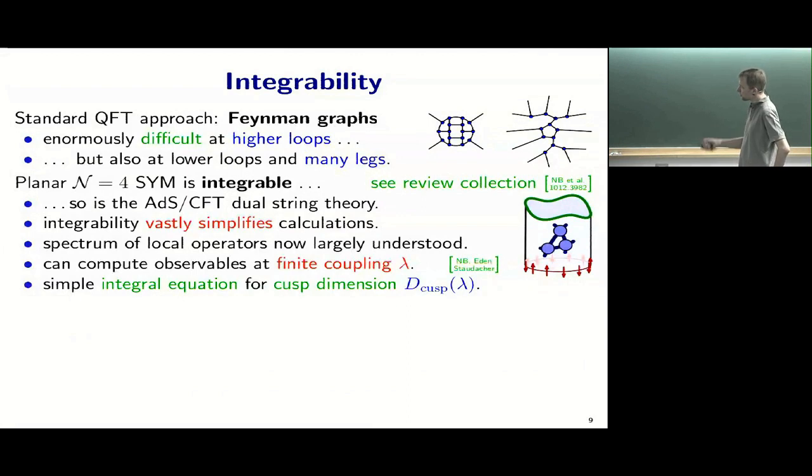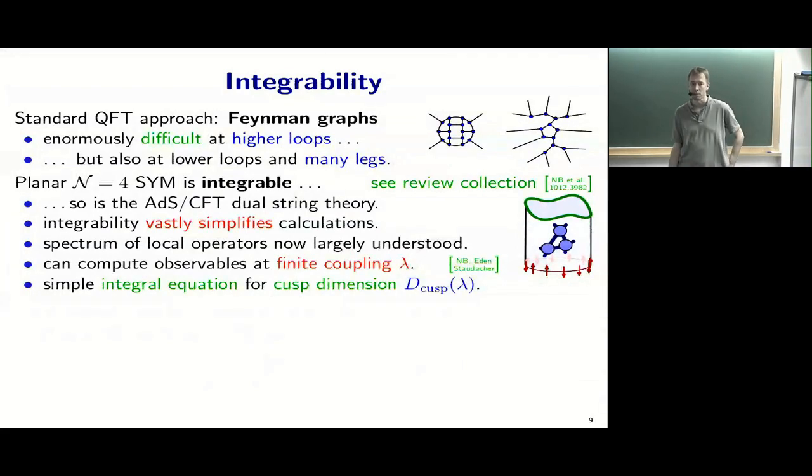You can compute these observables not just perturbatively, but even at finite coupling lambda to some extent. For example, it does lead to a simple integral equation for one of these dimensions, or spectral data, which is known as the cusp dimension, and which appears all over the place in these theories. That's something I will show a bit later.